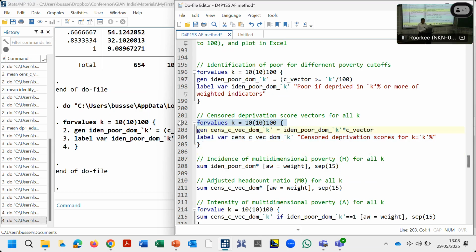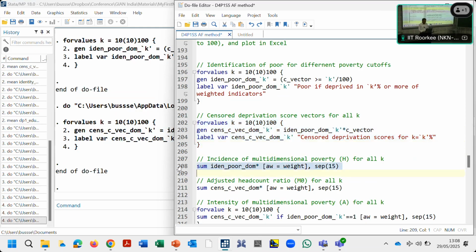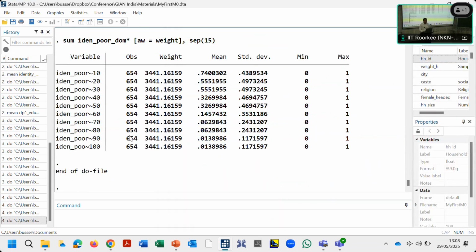That will give us the censored deprivation vector. Now, if you do the sum of all the ident4, for dominance, what we have generated, there you go. You have all the multidimensional head count ratios for different cutoffs.